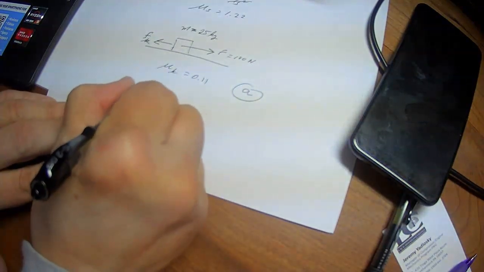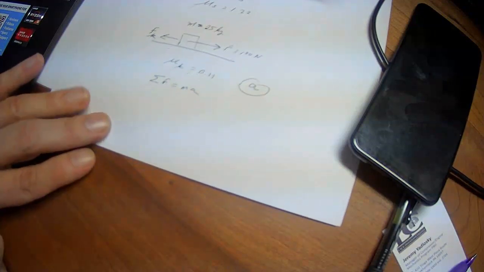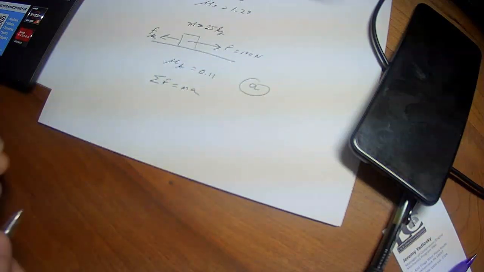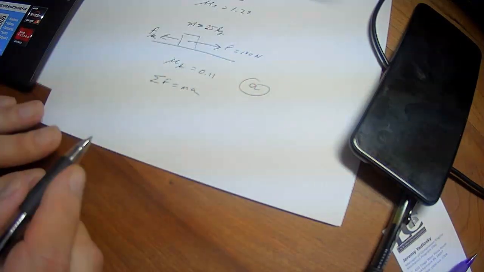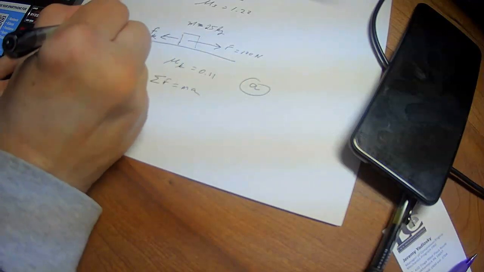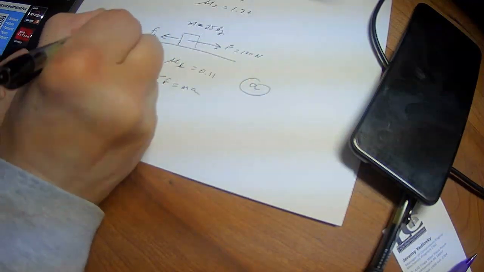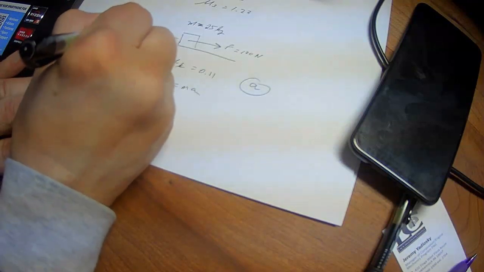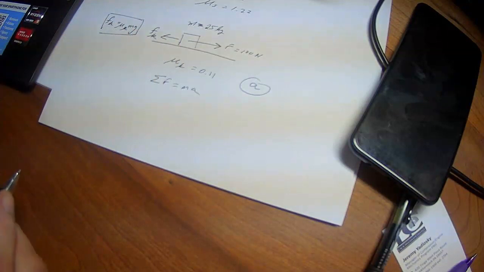What we know is that the sum of all the forces is equal to mass times acceleration. So let's look at all the forces. This is 100 newtons. Now, what is this? Well, the kinetic friction force is mu sub k times m times g. And m times g is just the normal force.